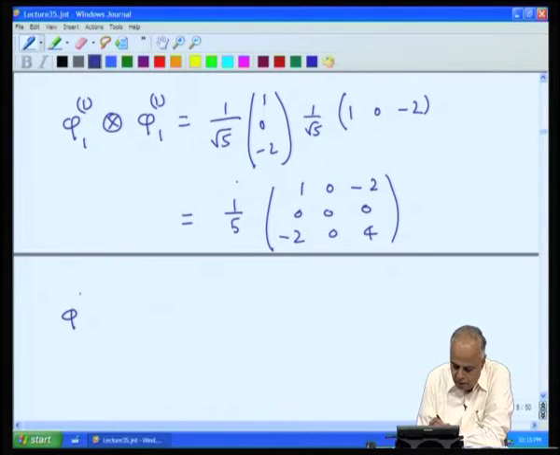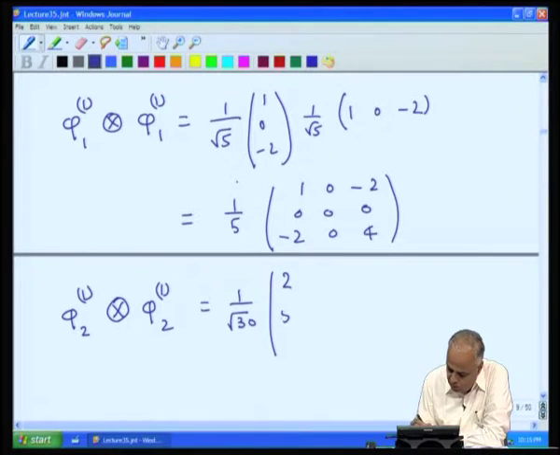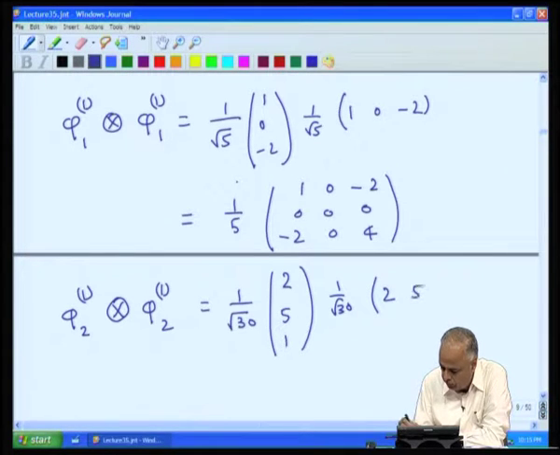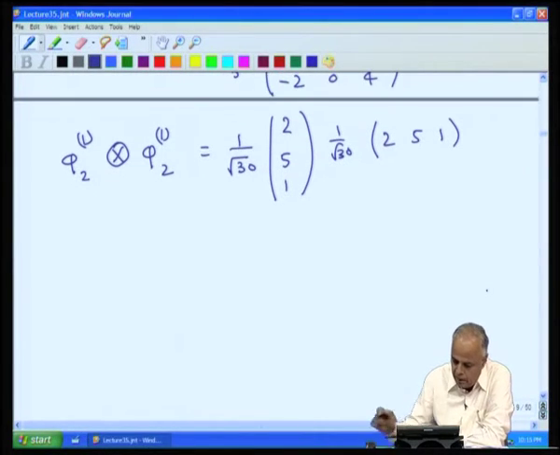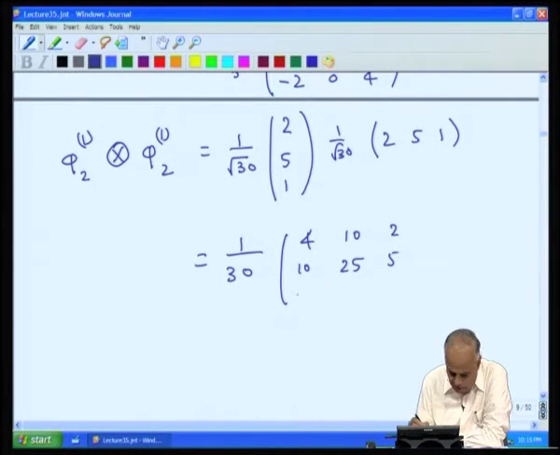Similarly, we look at the first eigenvalue again, but look at its second eigenvector and take the Cartesian or the tensor product. It is 1 by root 30 into (2, 5, 1) into the transpose of that, and when we carry out the multiplication, we get 1 by 30 into 4 10 2, 10 25 5, 2 5 1.